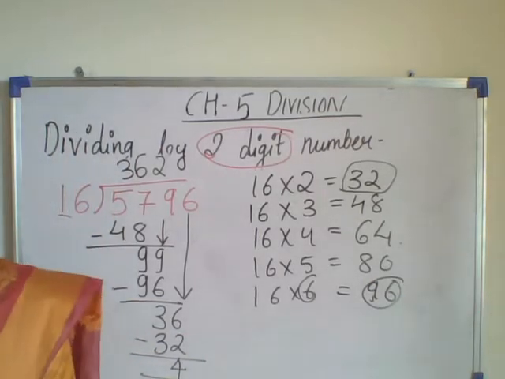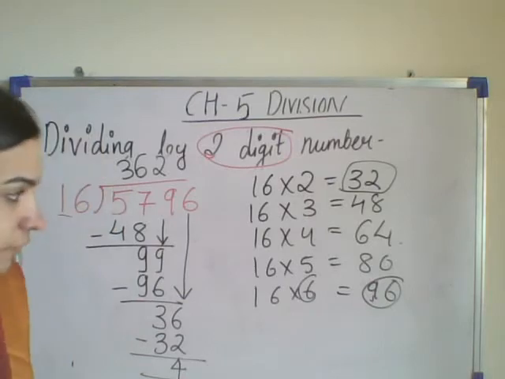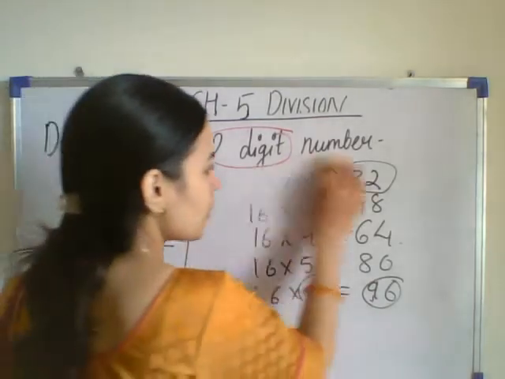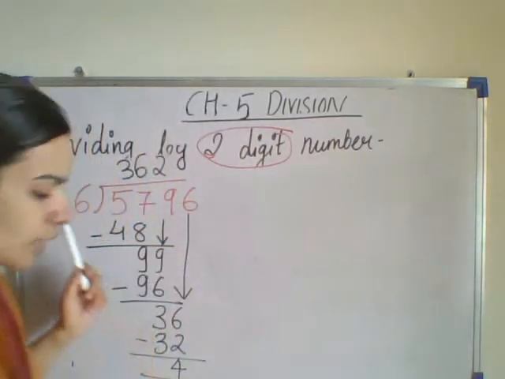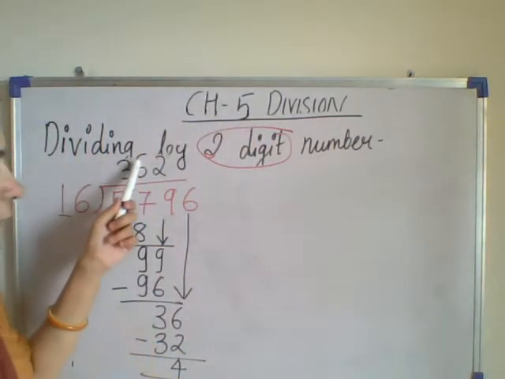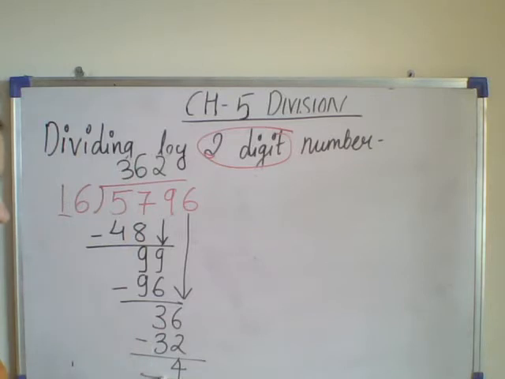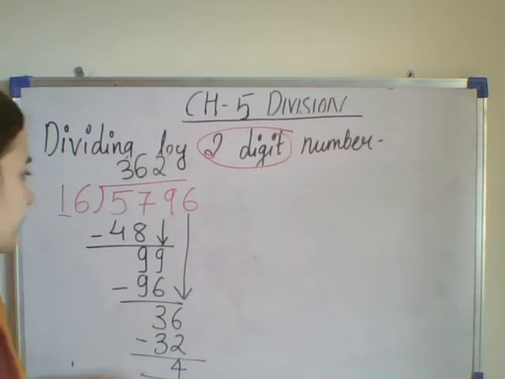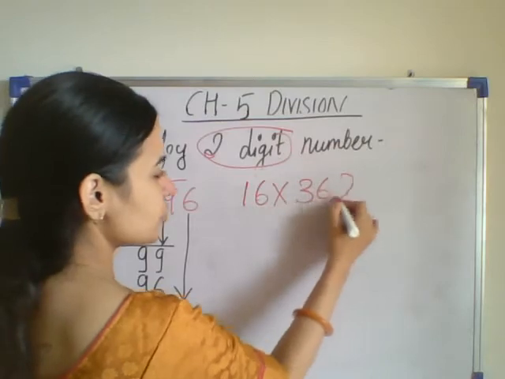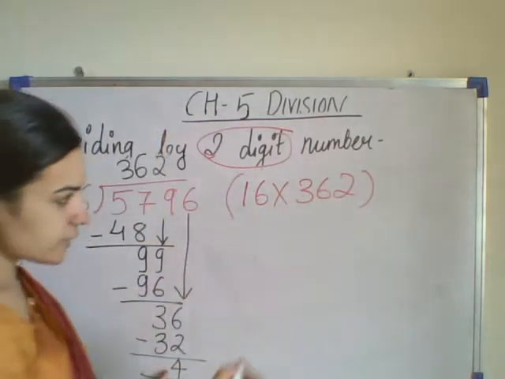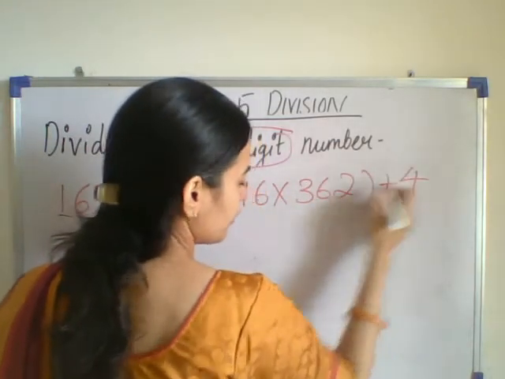Now let us check our division, whether the division that we have done is right or not. In order to check the division, the divisor multiplied by the quotient plus the remainder should be equal to the dividend. That is 16 multiplied by 362 plus 4.